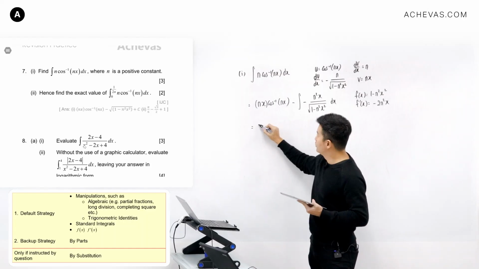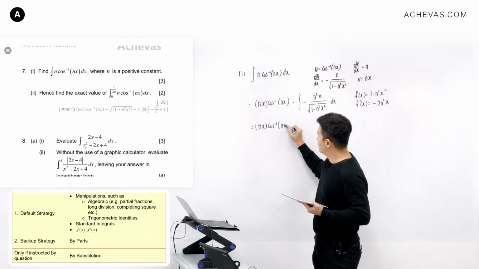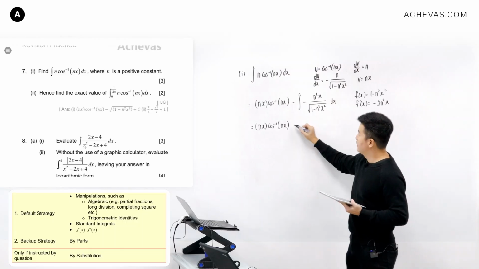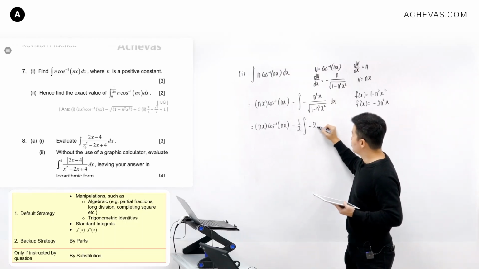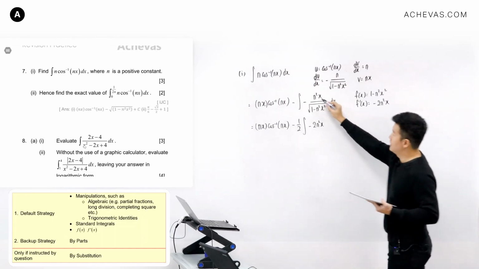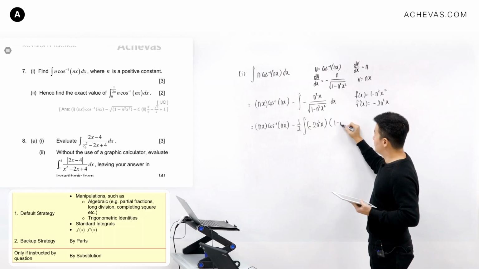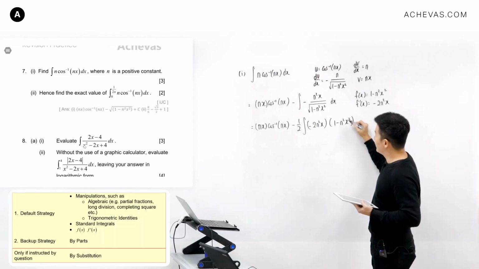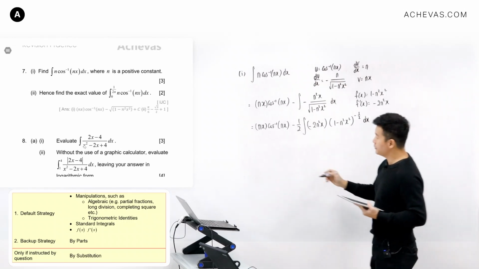This is equal to nx cosine inverse of nx minus a half, so that I can create a 2 n square x in the numerator. For the denominator, shifting up to the numerator by making use of indices, I can re-express this as this. And now we have an f(x), f prime x form.